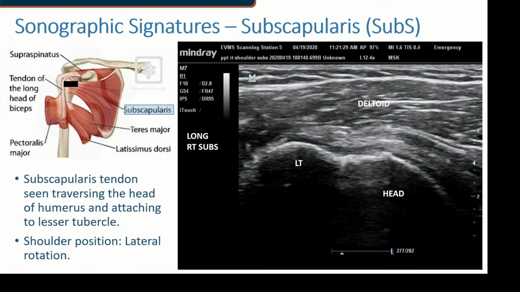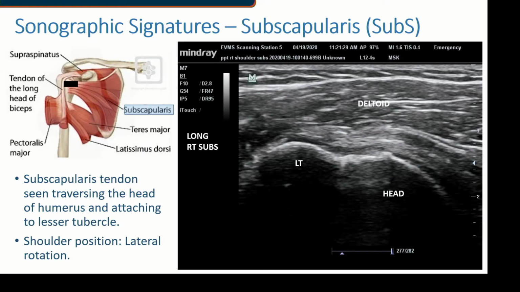And there's another reason why we want to do that movement, is to watch to see if the biceps tendon stays where it's supposed to stay, because in subluxation it can actually pop out on this maneuver and will show up over top of the lesser tubercle. And that would be a dynamic way of showing a diagnosis of biceps tendon subluxation.